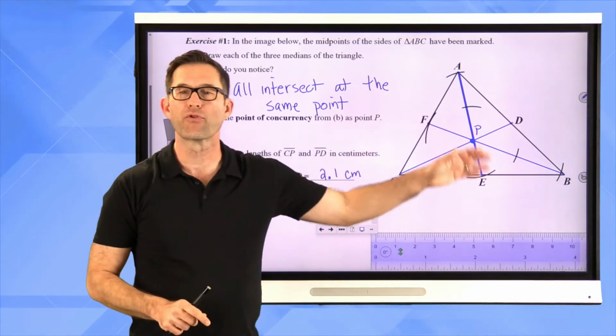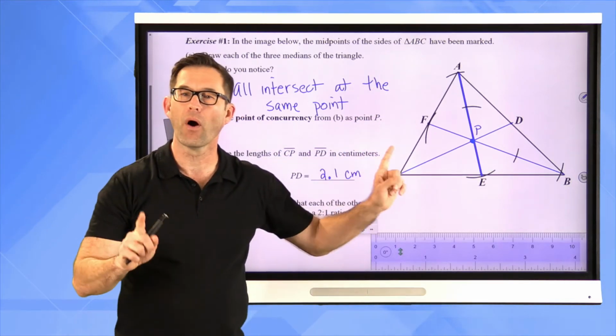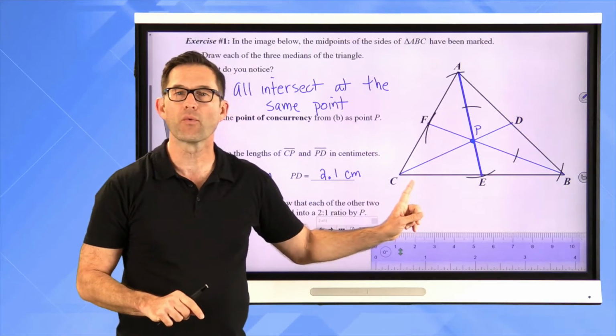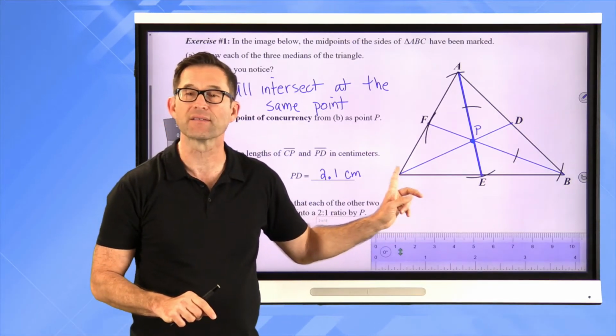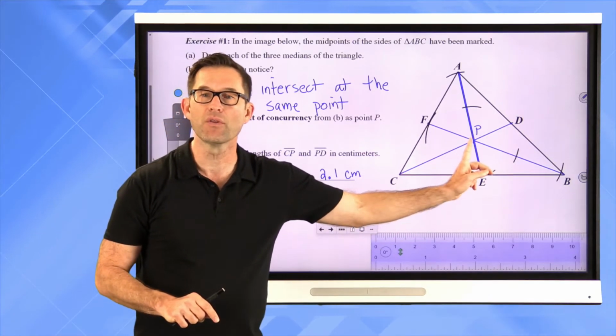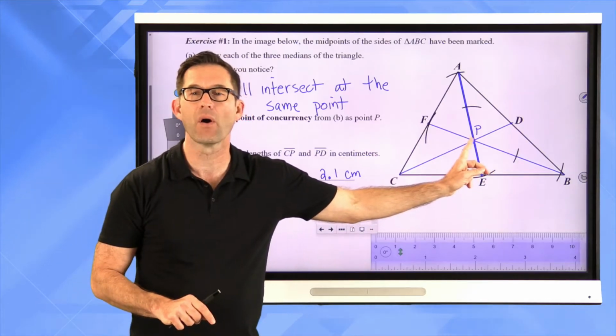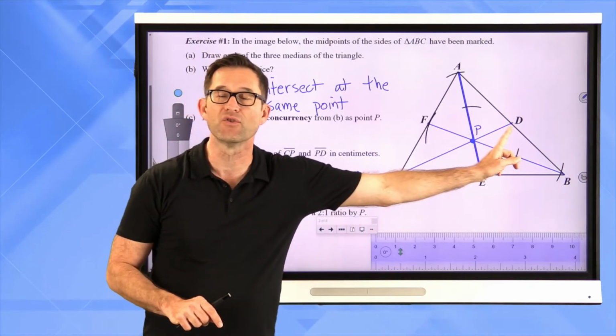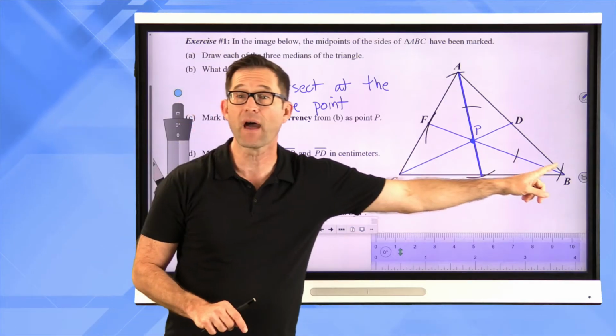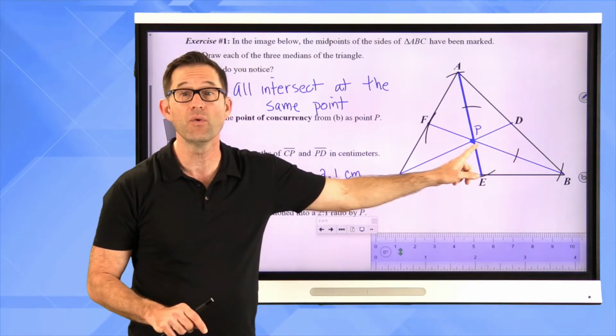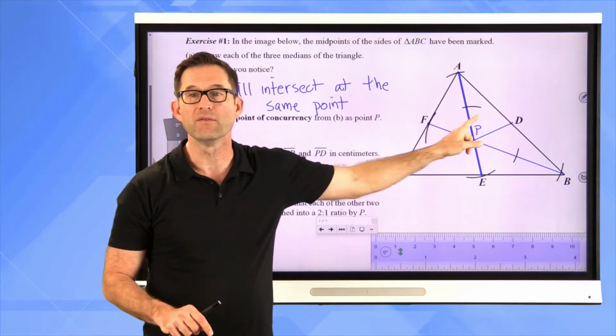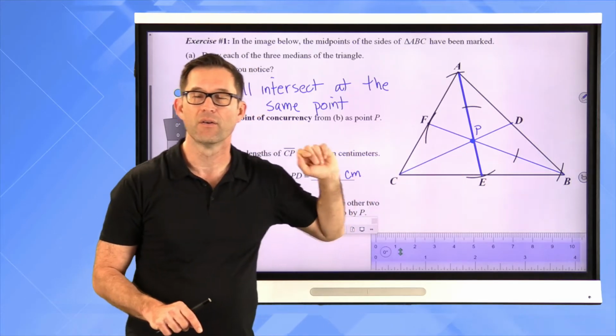When I draw the 3 medians in, what I will always have is a 2 to 1 ratio on the partition lengths: from the vertex to the partition will be twice as long as from the partition to the midpoint. And it doesn't matter which one, right? 2 to 1, 2 to 1, 2 to 1.